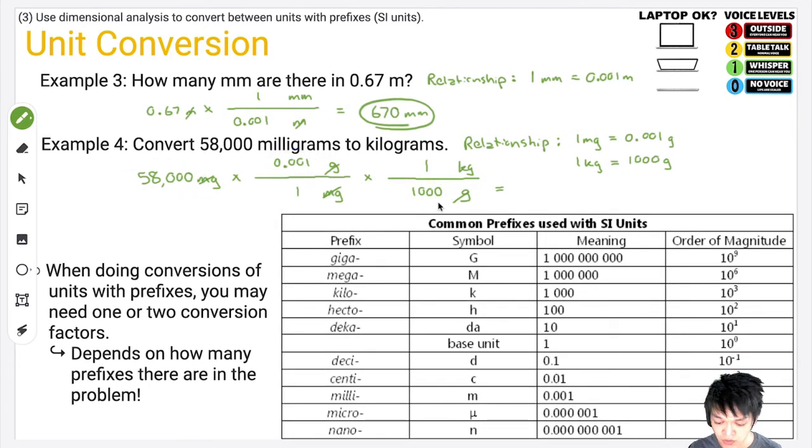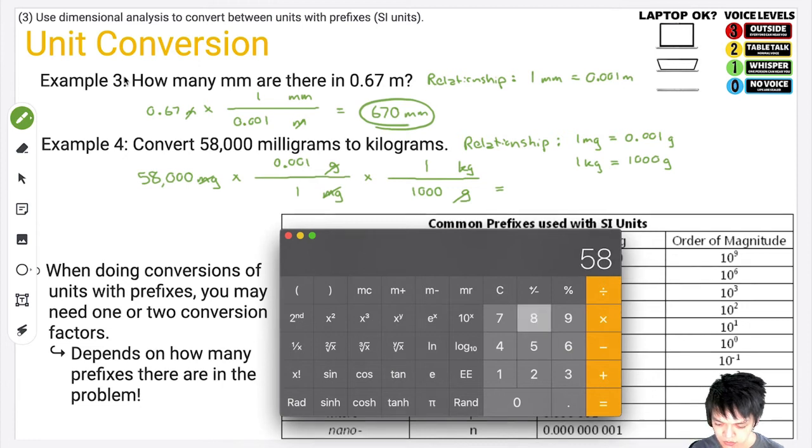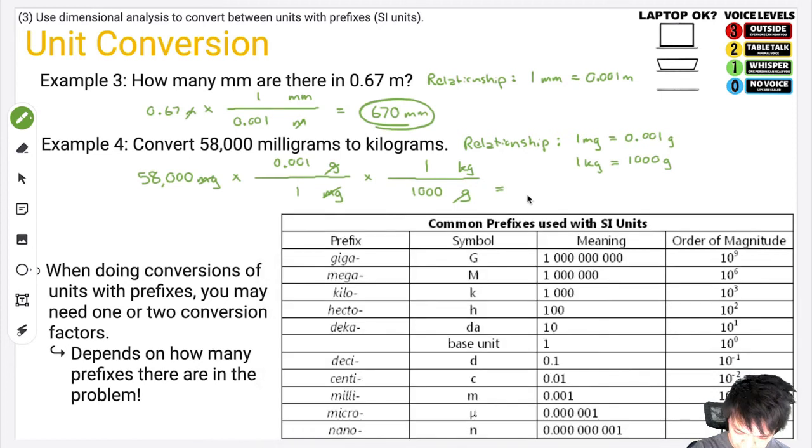Let's see what we end up with. I got 0.058. Okay? 0.058, what? Kilograms.